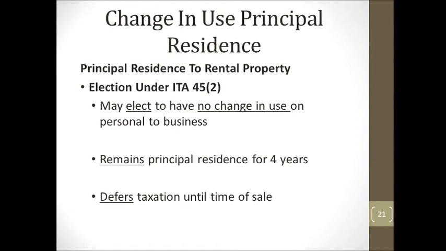And therefore, this election would be of importance to them because they could designate the now rental property as their principal residence for an additional 4 years. And that could help to reduce or eliminate any capital gains that accrued during those additional 4 years.